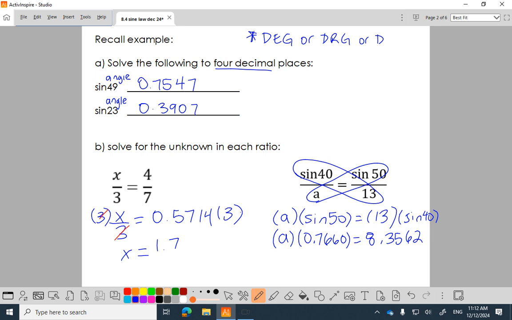How do I get a by itself? Divide by, well, sine 50. Yes. Would you have just left it as sine 50? Yep, for sure. It's 10.9.